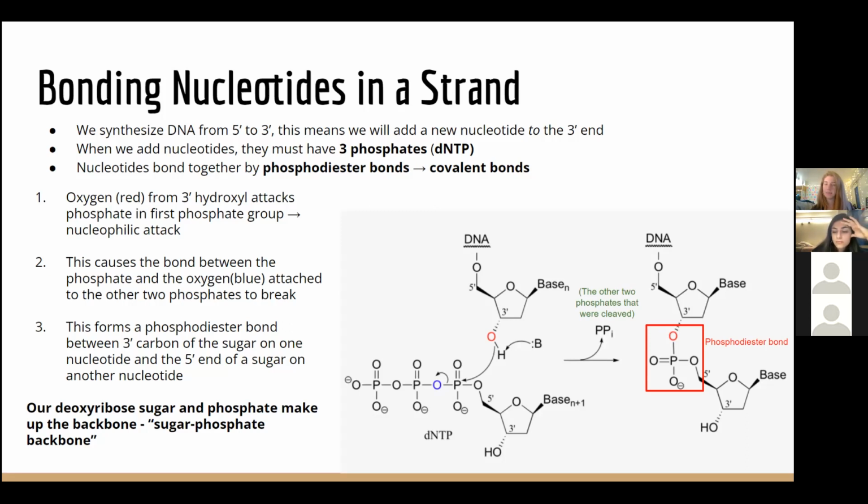Okay, so the bonds between the phosphates are broken, which I think I understand because they break apart, and then those 2 phosphates, you don't have to worry about what they're doing. Okay, so they go away. The bond gets broken. Yes. So then the bond between the phosphate and the sugar.